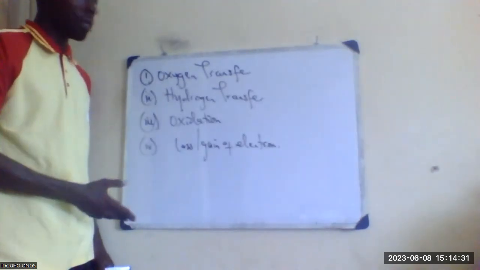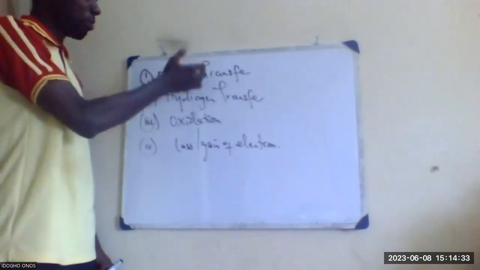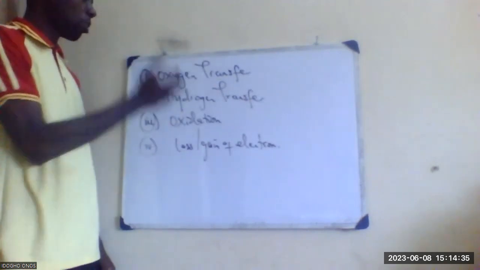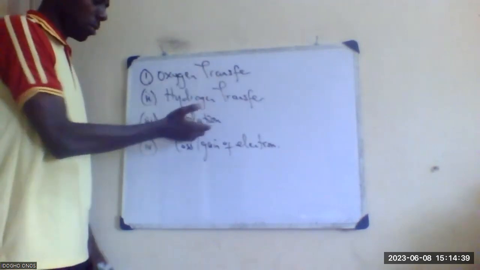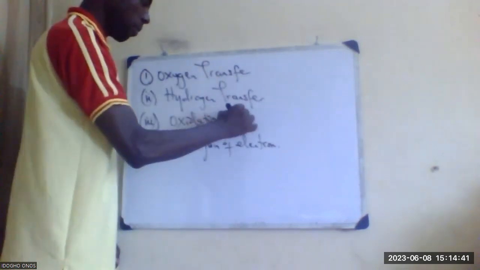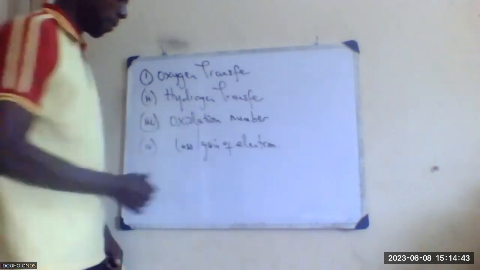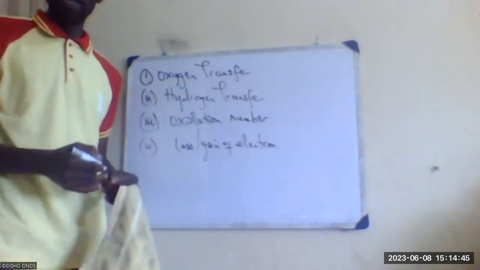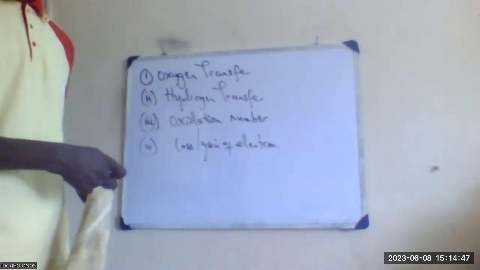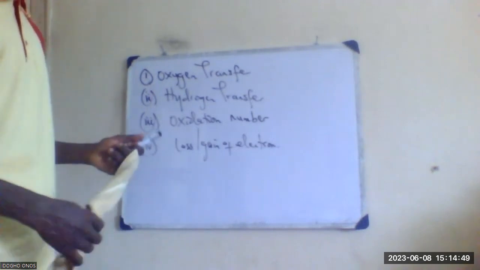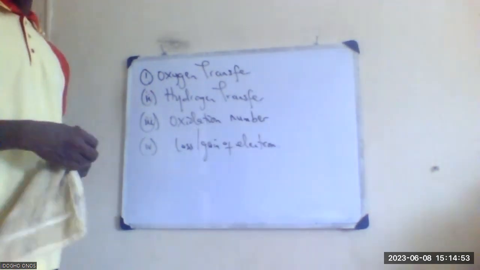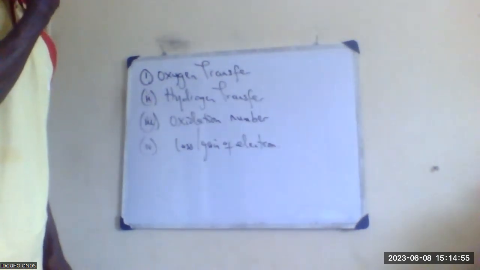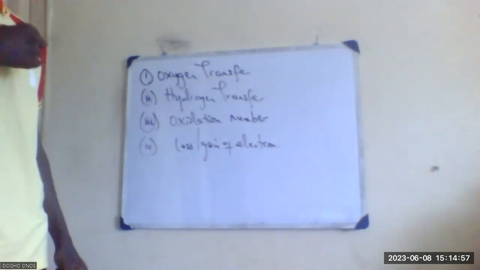The students can know that oxidation, reduction, or a redox reaction could be defined in terms of oxygen transfer, hydrogen transfer, oxidation number, and then loss or gain of electrons. Can I move on? Are you with me, please?